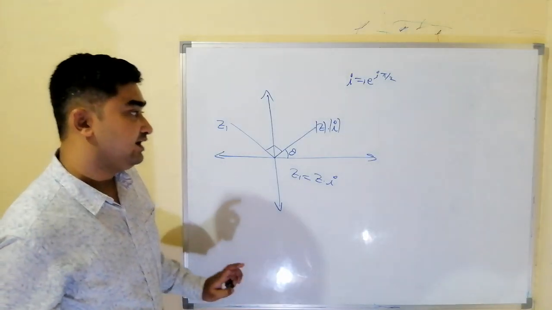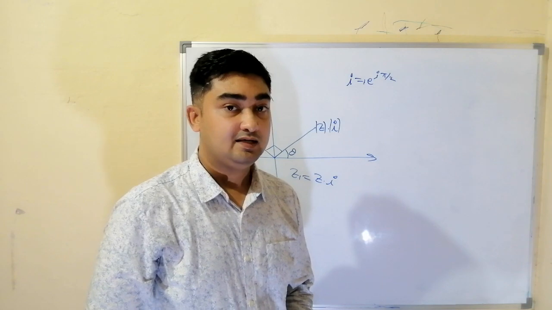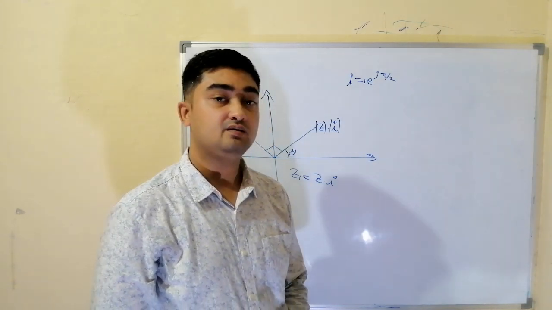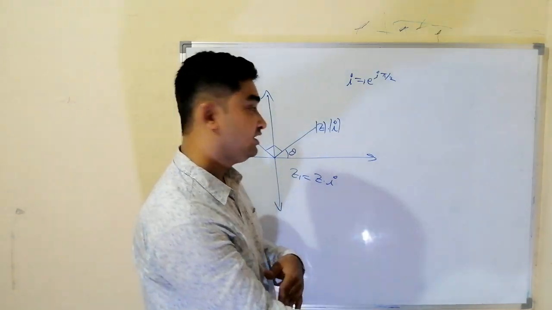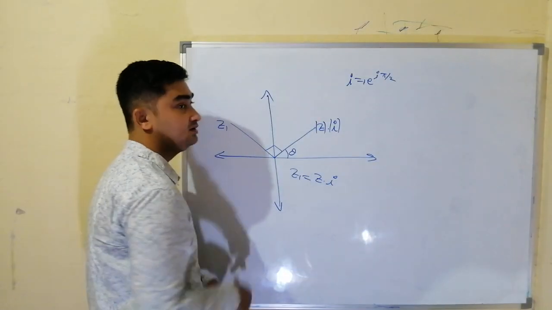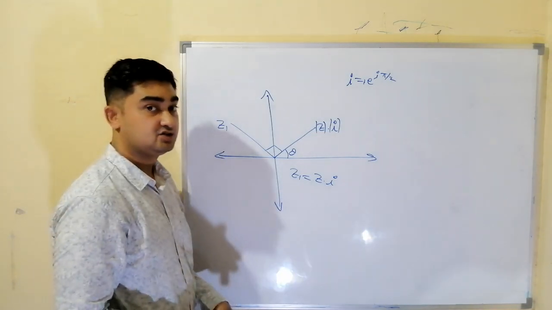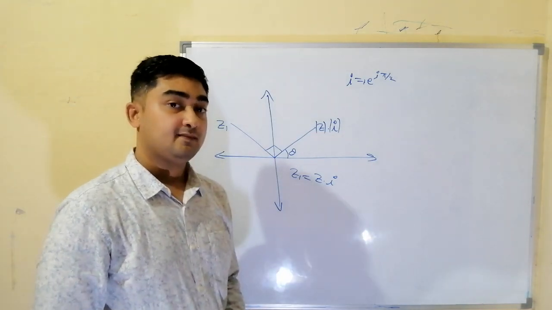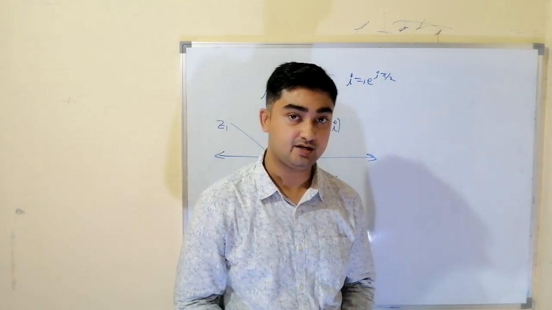So whenever we are multiplying a complex number with iota, the new complex number will have the same magnitude, but it will rotate by an angle pi by 2 in the anti-clockwise direction, because rotation in the anti-clockwise direction is taken as positive.